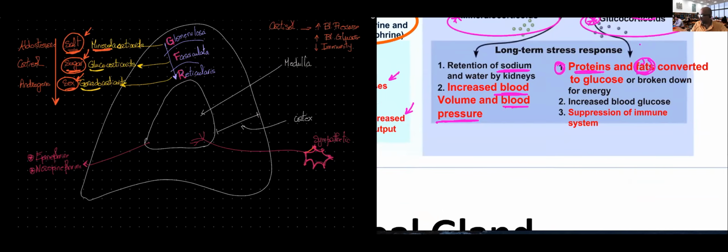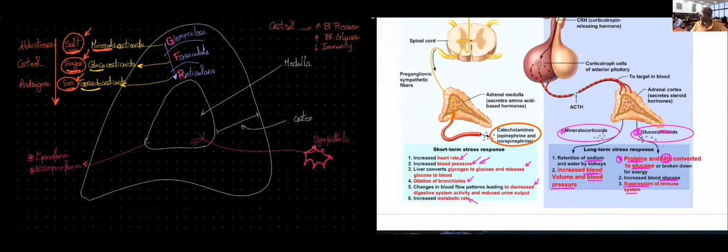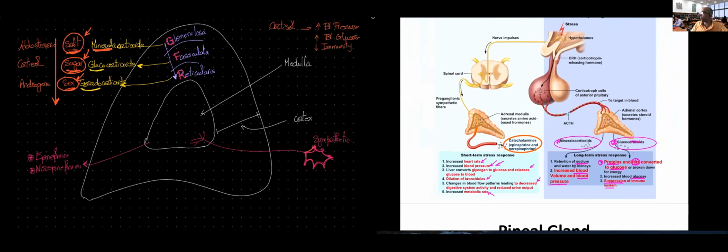All right, so again, glucocorticoid is going to be breaking down everything to convert it into glucose. This increases my blood sugar level, and at the same time, it suppresses my immune system. And this explains how your adrenal gland responds to stress.